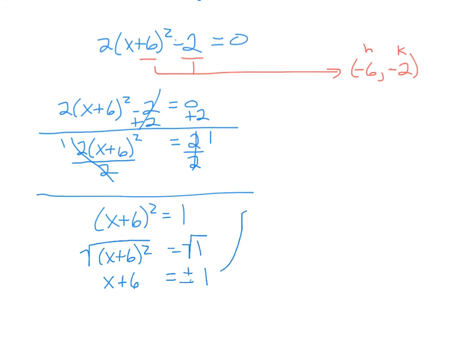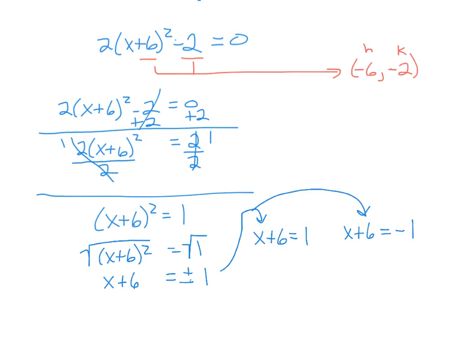So what I'm going to do now is recognize that and split this out into 2 different equations. I'm going to have x plus 6 equals positive 1, and then x plus 6 equals negative 1, because there are 2 possible solutions when I take a square root.